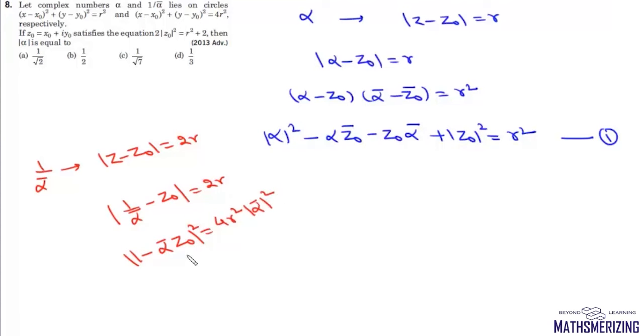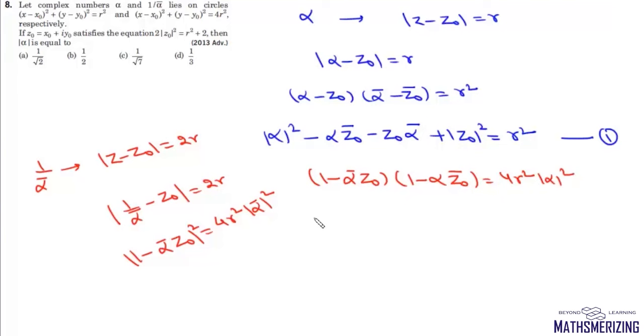Now again, mod of z square is z into z bar. So we can write (1 minus alpha bar z naught) into (1 minus alpha z naught bar) is equal to 4r square, and mod of alpha bar is same as mod of alpha, so it will be simply mod of alpha square.